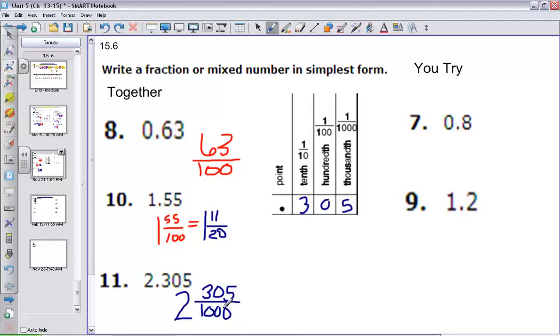Again, these are big numbers, but since it ends in a 5, I know that it is at least divisible by 5. So if I take 305 divided by 5, I'm going to end up with 61. And 1,000 divided by 5 is going to be 200.